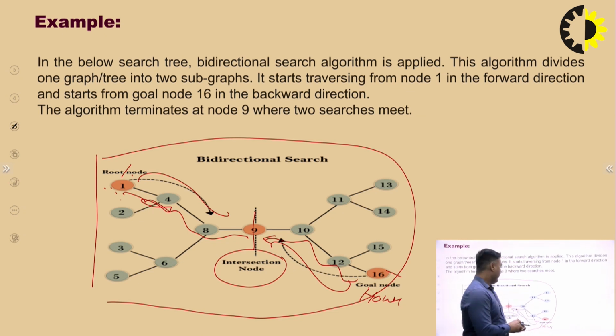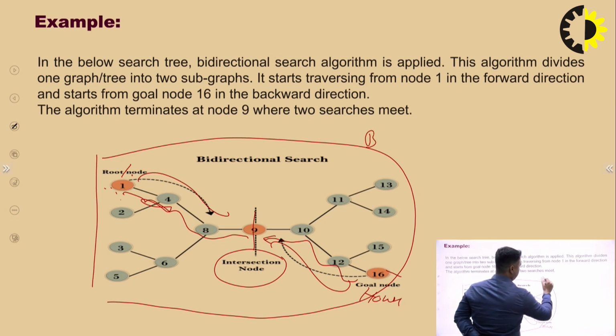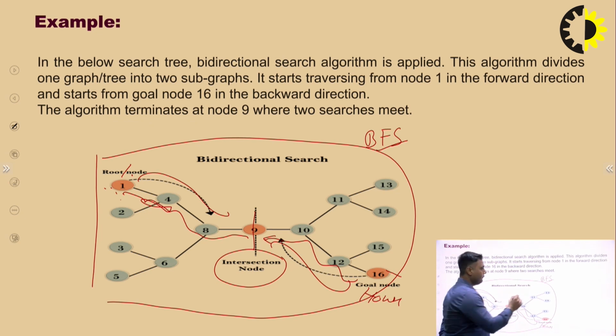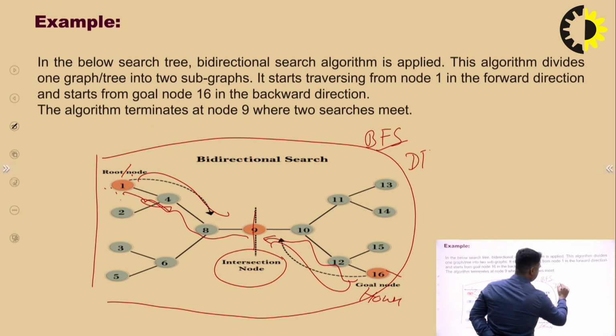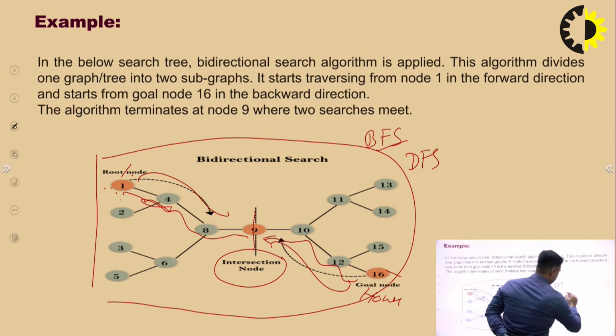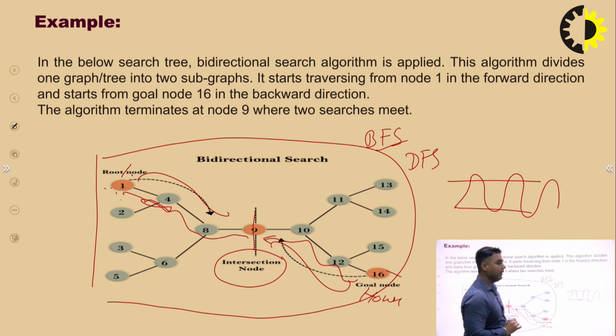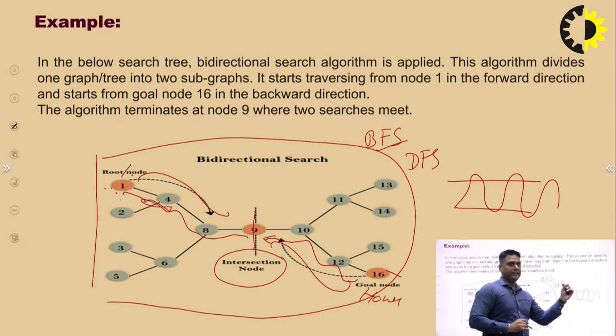In the BFS case, bidirectional search is complete, but in the DFS case, bidirectional search is not complete. Why? In BFS, the searching technique is in this form, which covers every point.